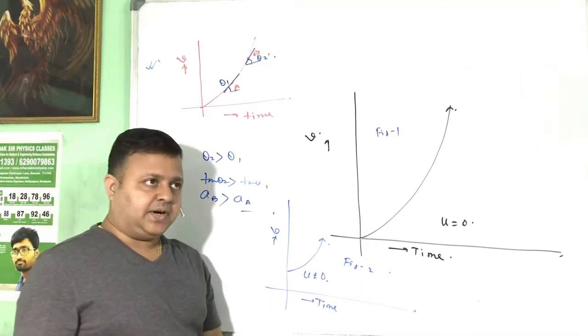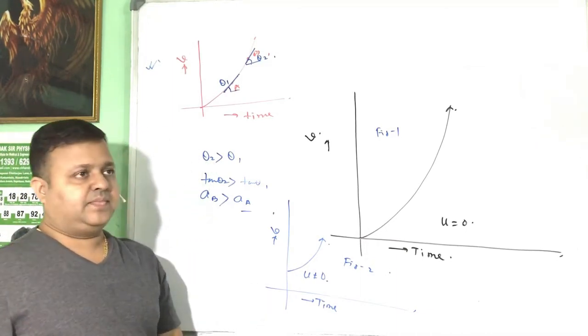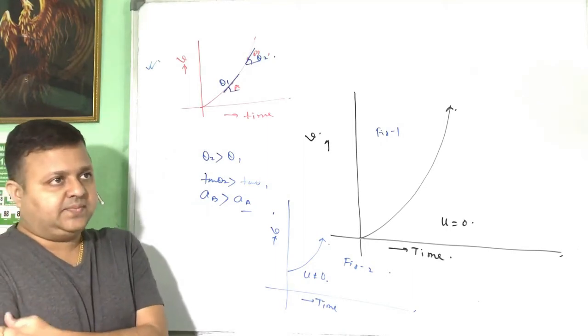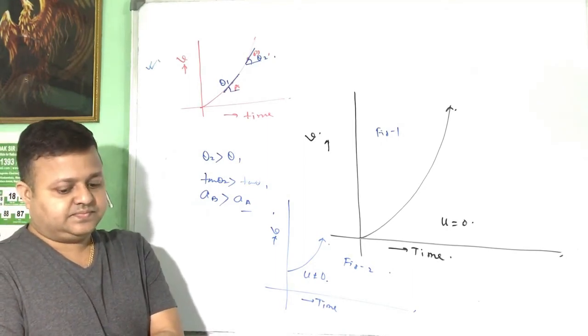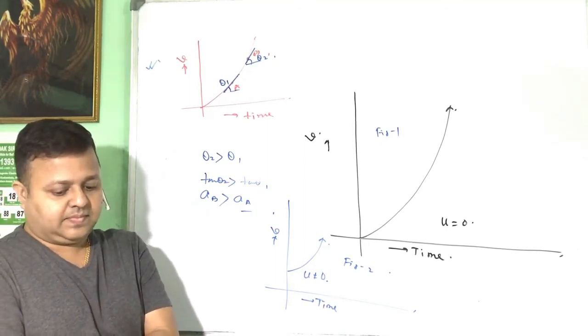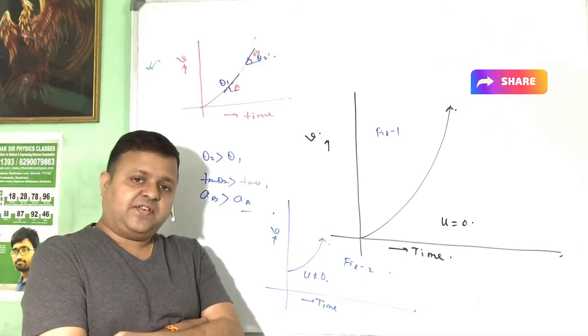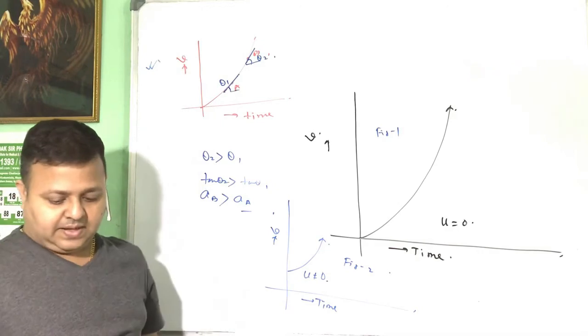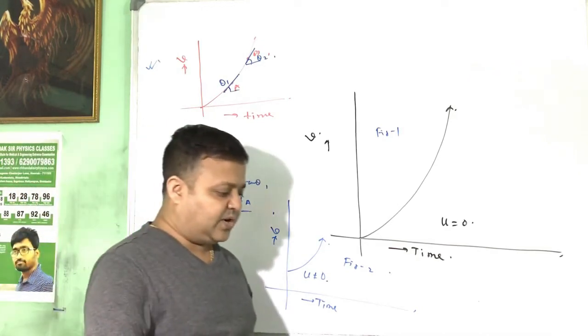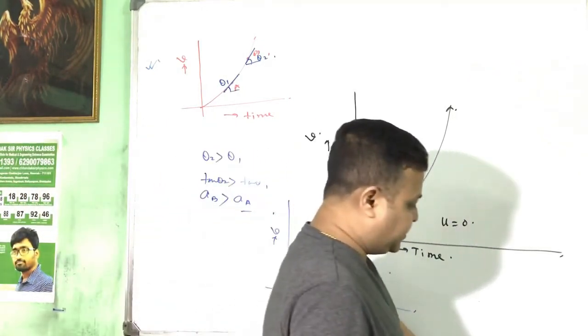Next, the velocity-time curve when the body is moving with a uniform retardation.